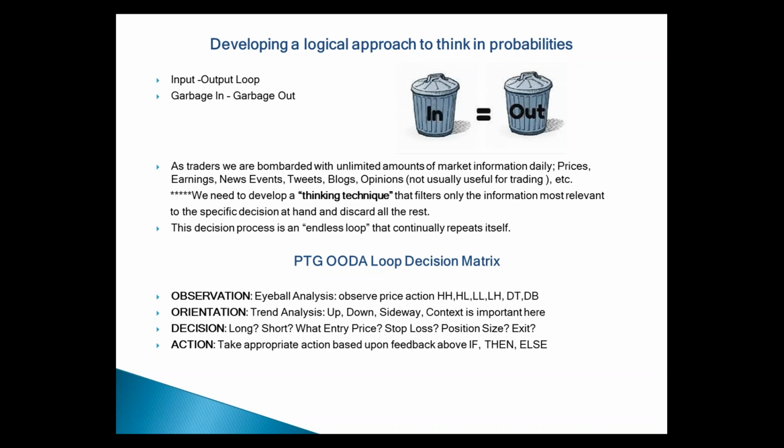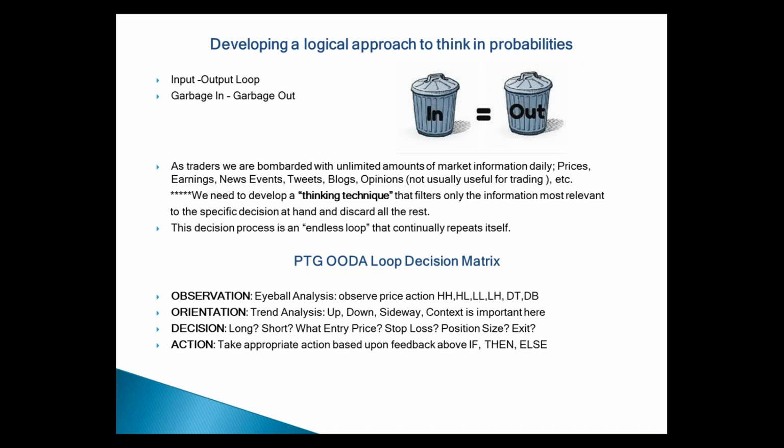We're looking to buy the pullbacks. We're looking to sell the bounces to certain levels once we've identified what the key reference levels are. So what price do we want to enter? Where would be our stop loss? What's our position size, etc.? That's the decision cycle. And much of that, by the way, should already be in place, and we help our members in many ways get those parameters in place for them.